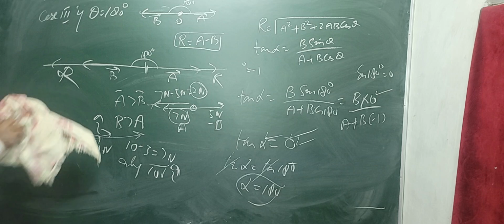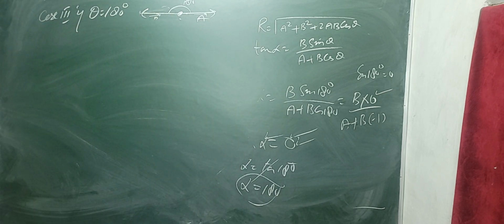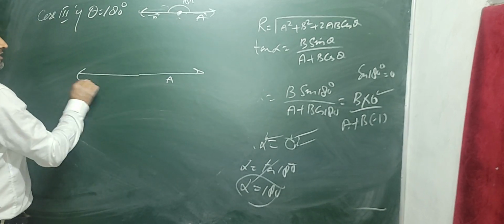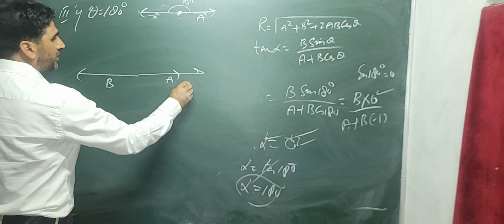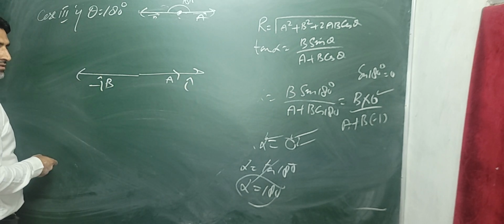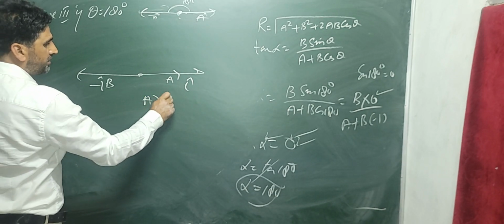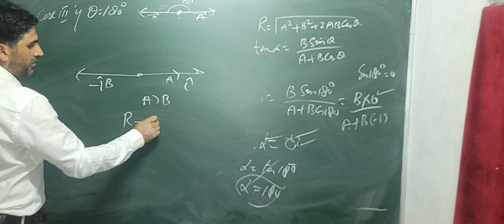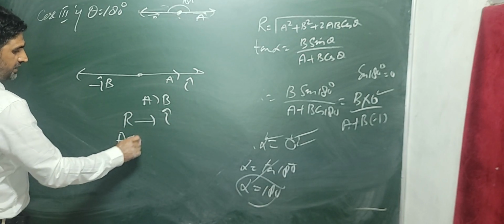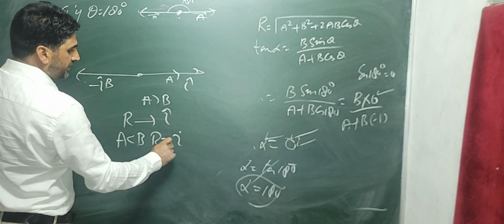So I will make it simpler like this. If you have A and you have a vector B, say this is along i, then this is along minus i. R will be, if A is greater than B, along positive i. And if A is less than B, then R will be along minus i.